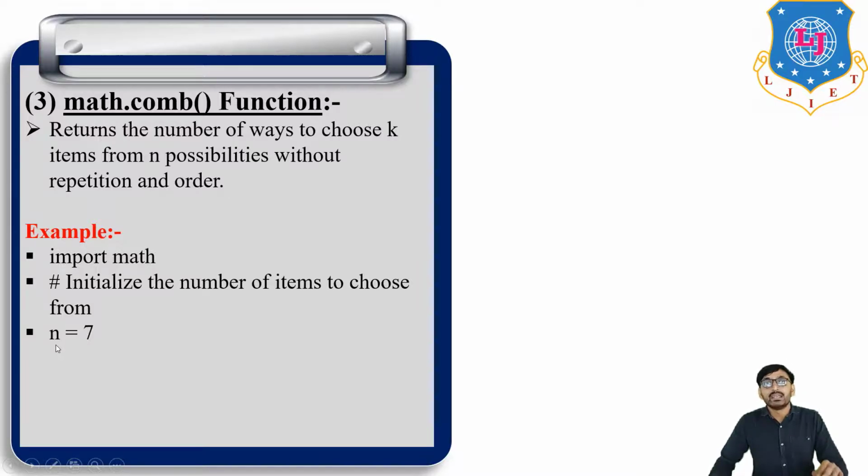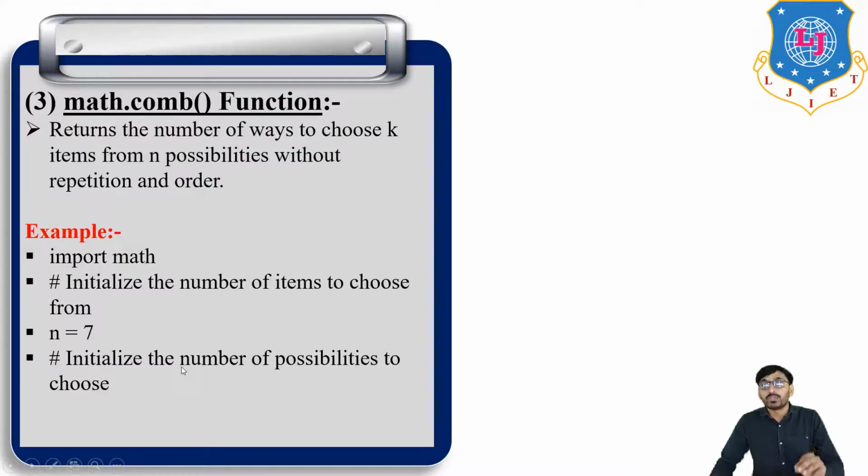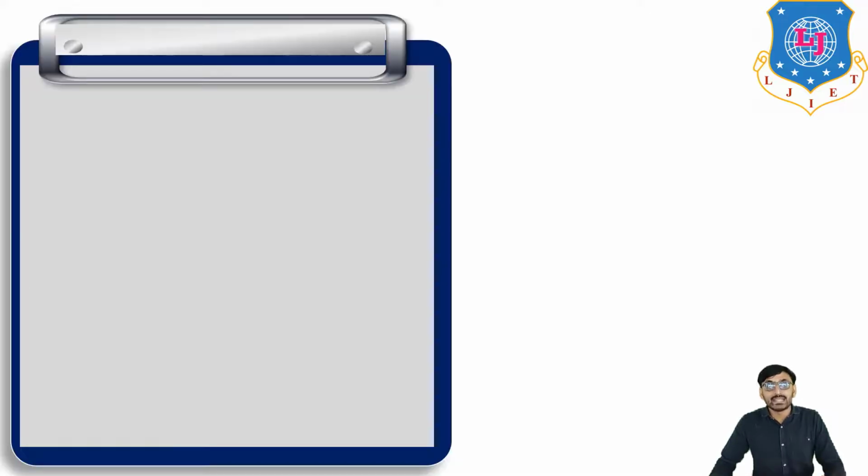So n means number of items to choose from. So n is equal to 7. Then initialize the number of possibilities to choose those items, initialized by k. So k is equal to 5. So n means number of items to choose from, and k means number of items to choose.